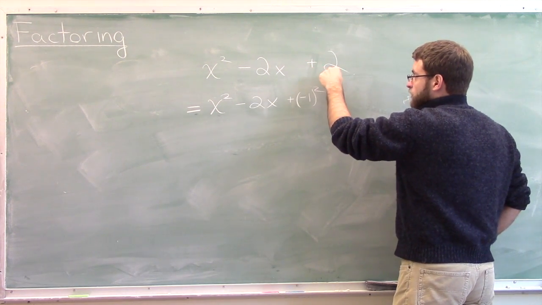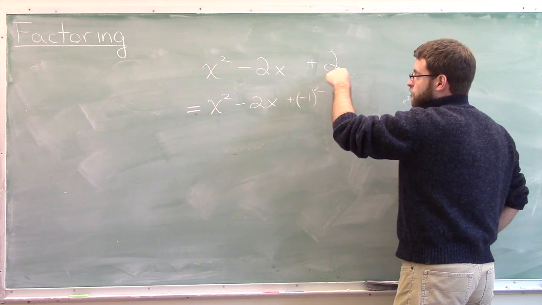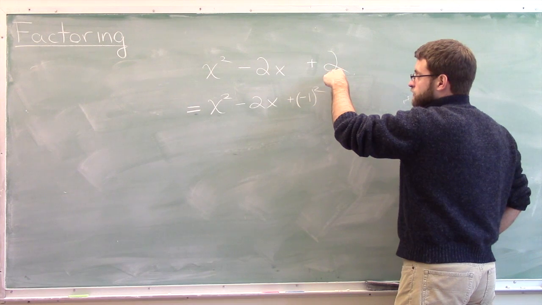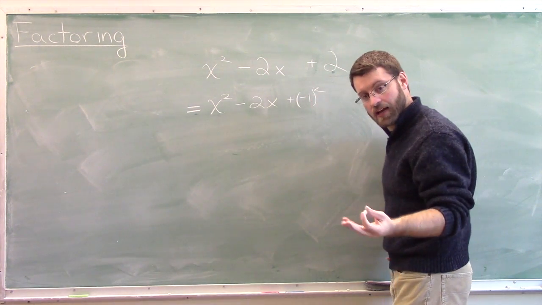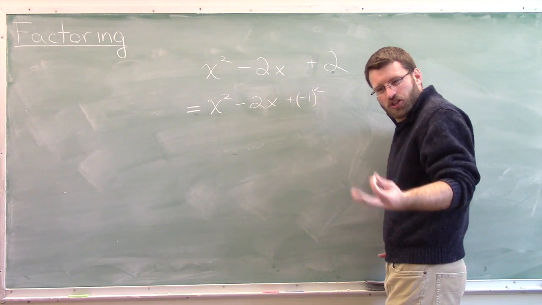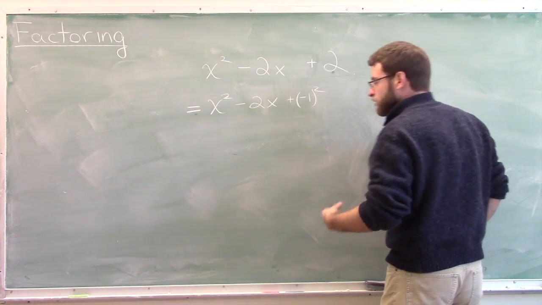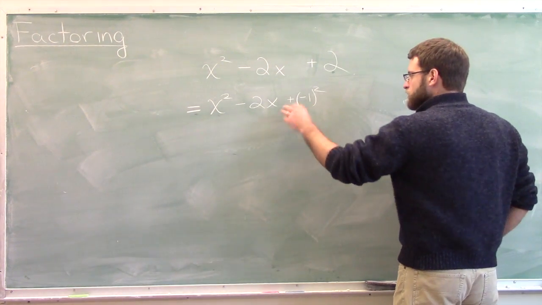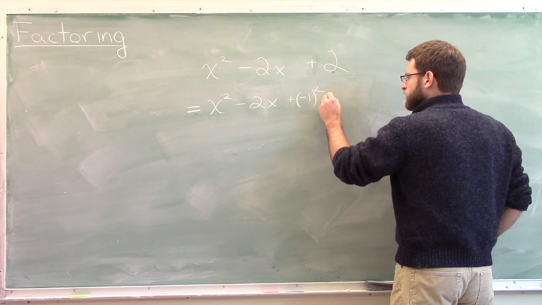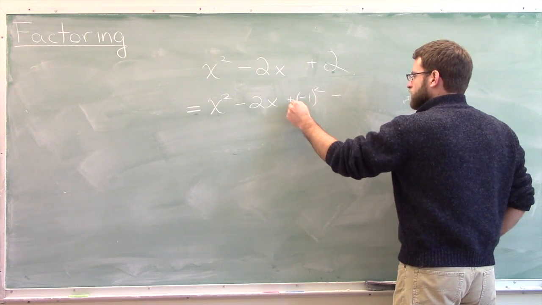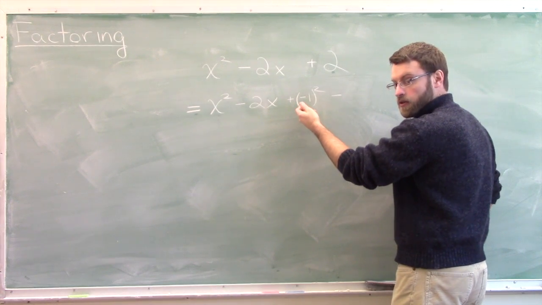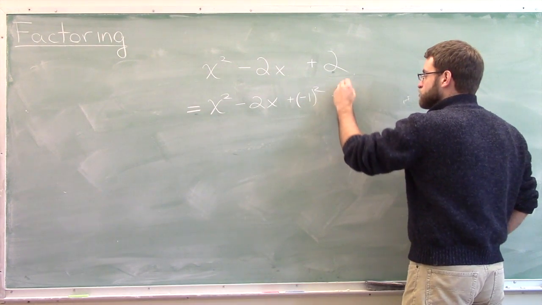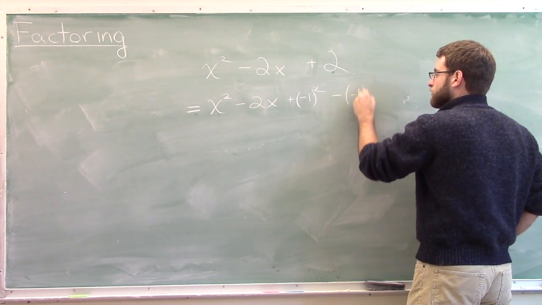Now, my problem, the actual polynomial that we started with, has a positive 2. So I can't just add in the term that I need without paying a price for that, or I'll change things. It'll alter the polynomial, it'll change it to be something completely different. So what we do when we're completing the square is we counteract the thing that we need. We introduce the thing that we want, the thing that will give us the pattern, and then we subtract exactly the same thing.